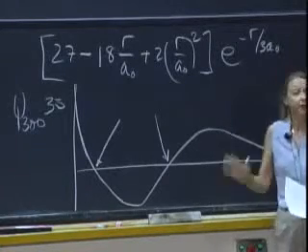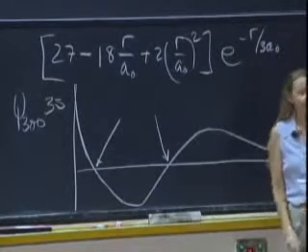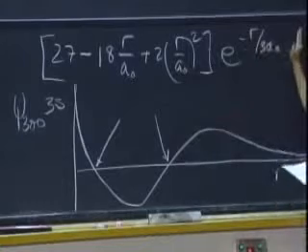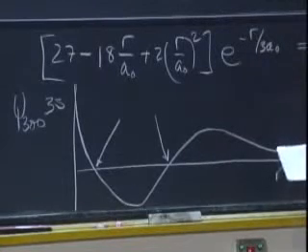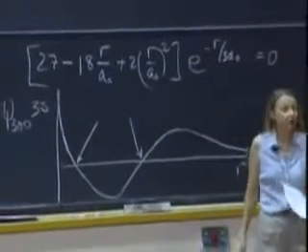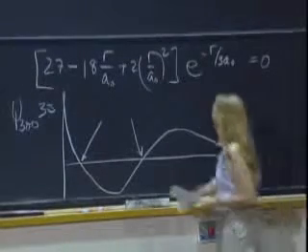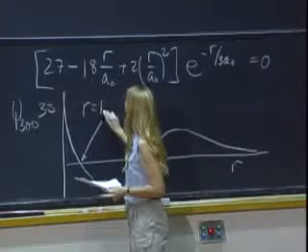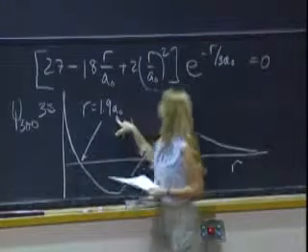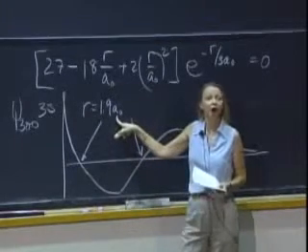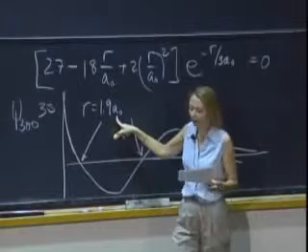And if you want to know what those radial nodes are, you set the wave function equal to 0 and solve for the values of r that make that wave function 0. And if you do that, you would find this would come out to be, in terms of units of a naught, 1.9 a naught.